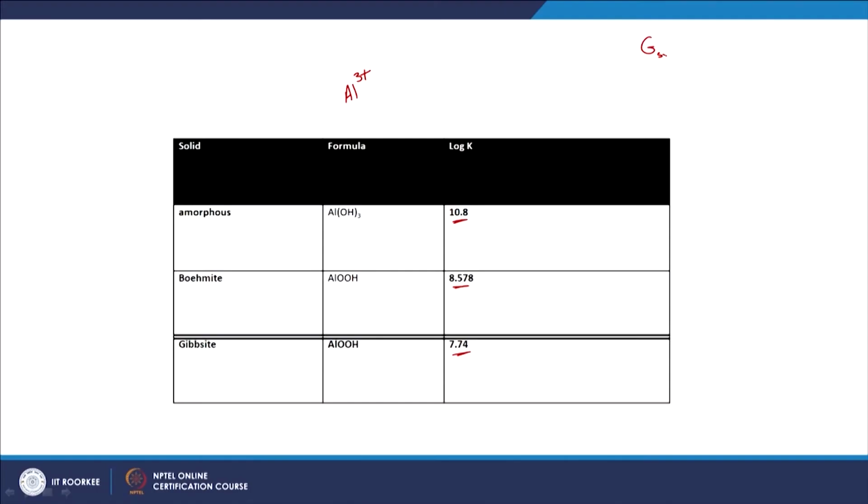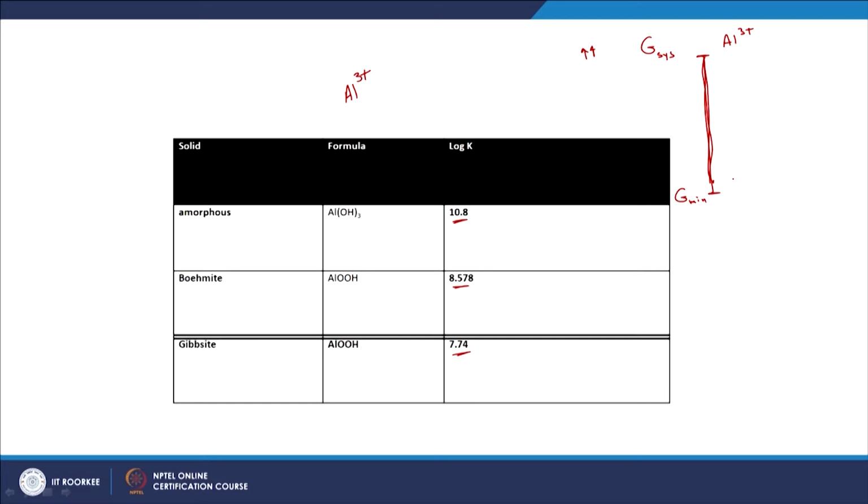Let us say initially the Gibbs energy of the system when I added Al3+ is relatively high, and it wants to travel down the ladder. It wants to reach equilibrium, as in the Gibbs energy of the system needs to keep falling. Let us say this is the minimum Gibbs energy possible for the system. This is just for your nomenclature. Initially we are here, and this is the minimum feasible for that particular mixture.